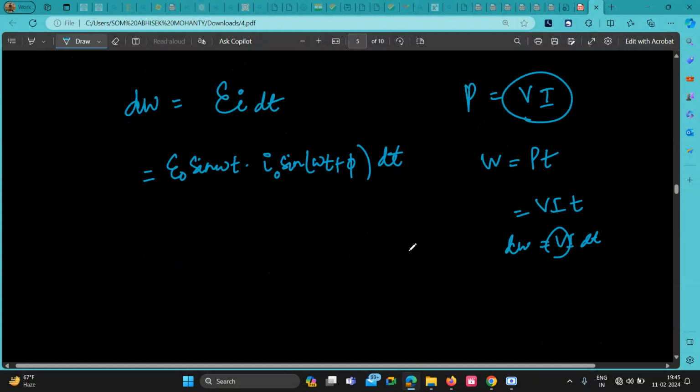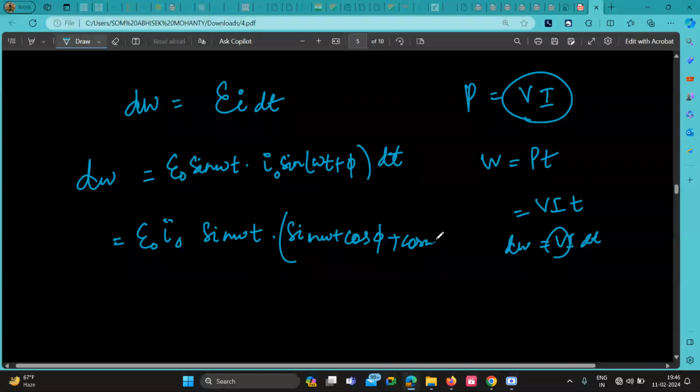Yeah, this is the expression. So if you take it out, this is dW: E naught I naught sine omega t into sine omega t plus phi, which is sine omega t cos phi plus cos omega t sine phi, then dt.